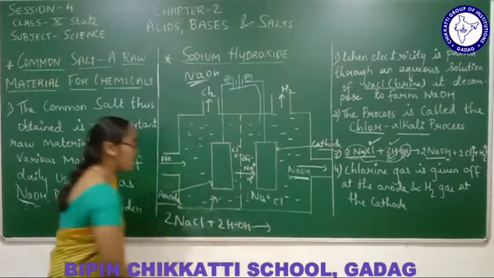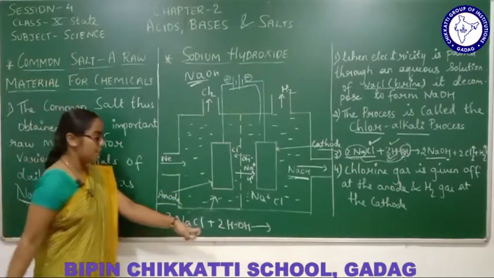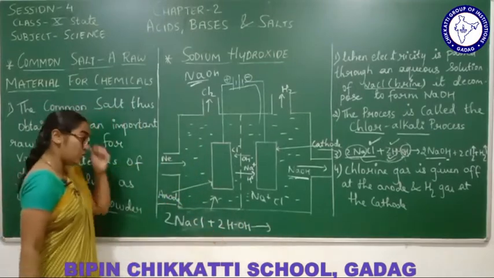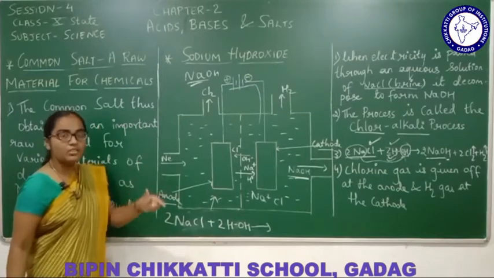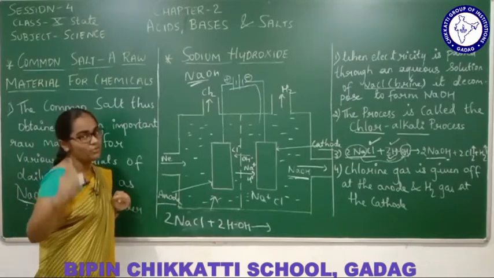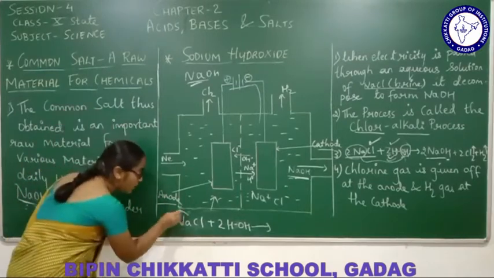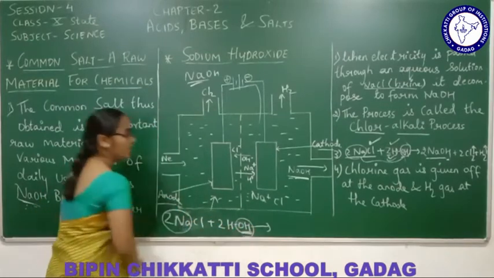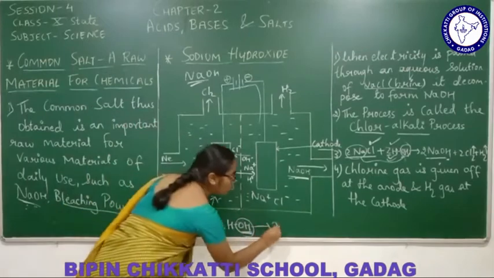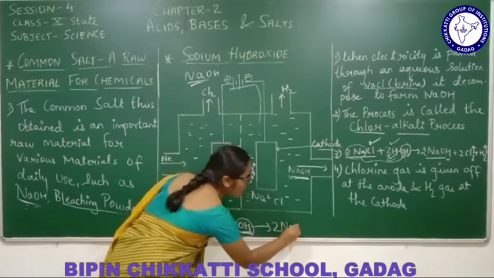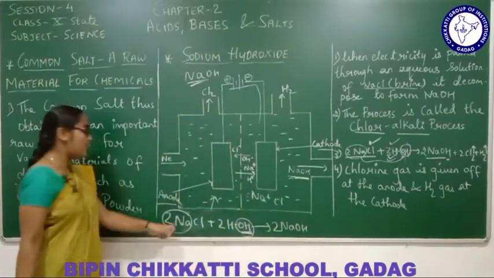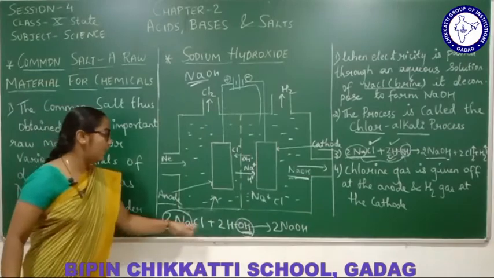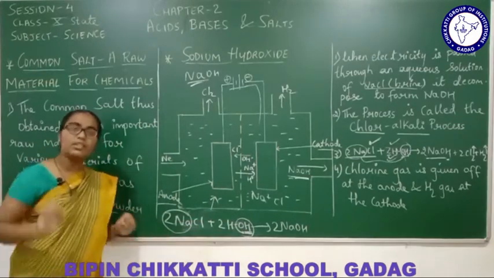I am splitting in this manner. 2 NaCl is added with 2 water molecules. So what is the main product that we recover from NaCl? Sodium hydroxide. So these 2 sodium will react with the 2 hydroxyl to form 2 sodium hydroxide, correct? NaOH has been recovered.